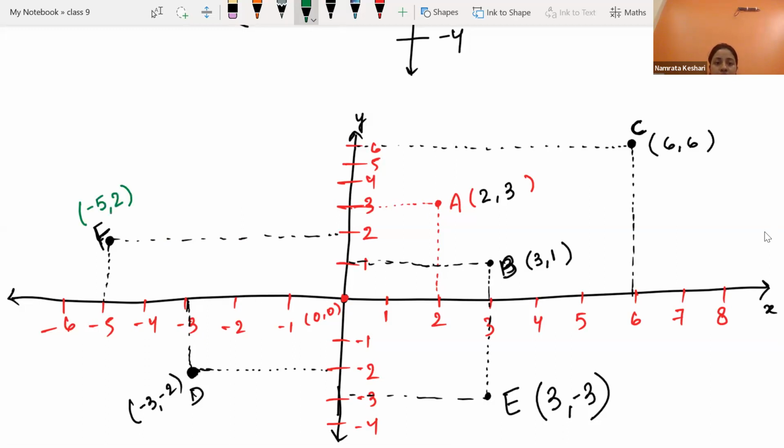I'm just trying to show the exact middle. Don't get confused about where we are.